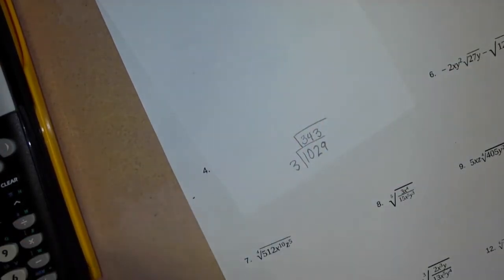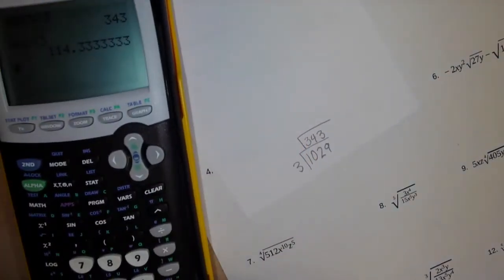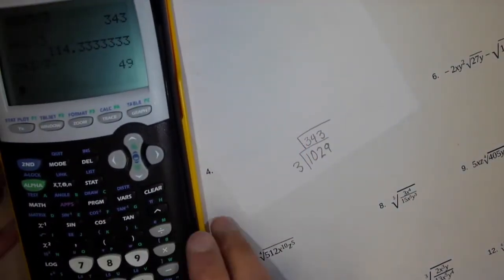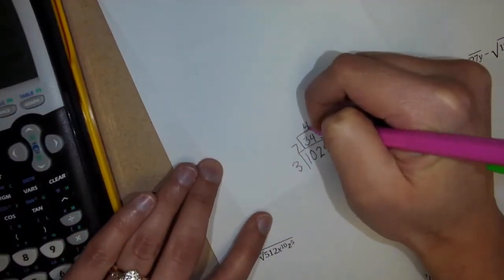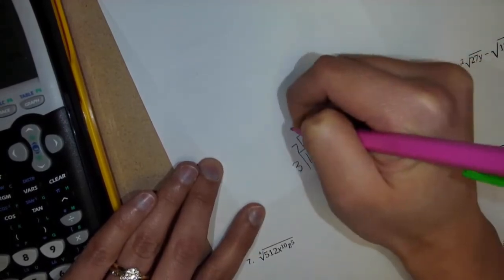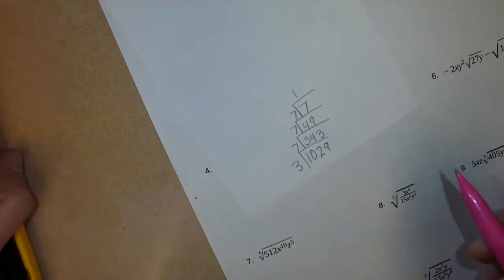Next, I'll see, can 3 go into that? 3 cannot go into 343. How about 7? 7 can. 7 goes in 49 times. So 49. I know 7 can go into 49 7 times, and 7 can go into 7 once.